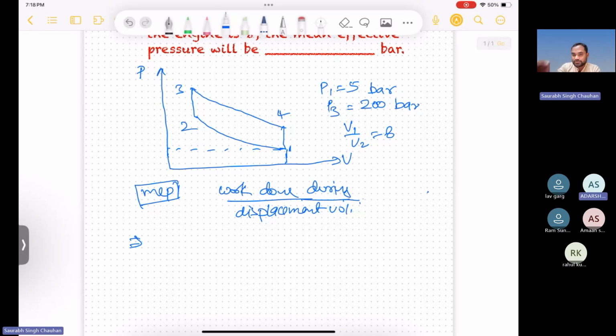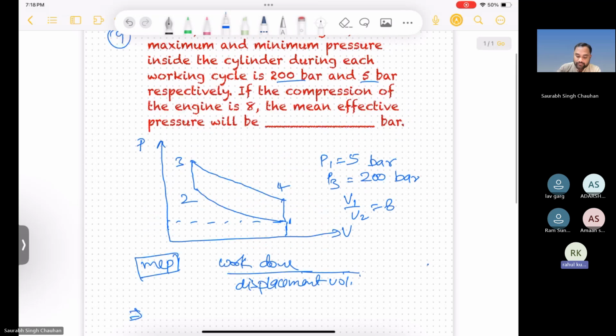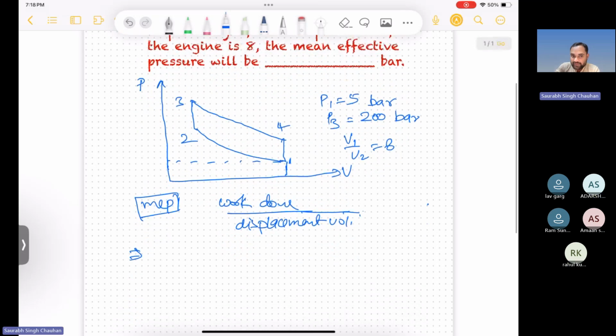Just use those work done formulas: (P1 V1 minus P2 V2) divided by (gamma minus 1), or by (1 minus gamma). Those types of formulas. Then (P3 V3 minus P4 V4) by (gamma minus 1). Yes, something like that. Then P3 by P4, V3. With the given data, you can find the answer.